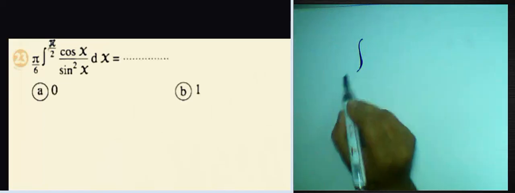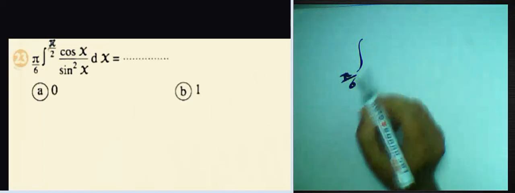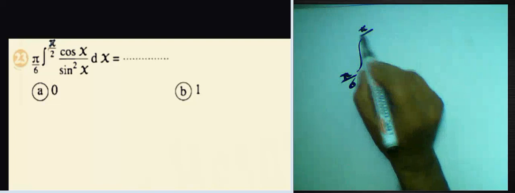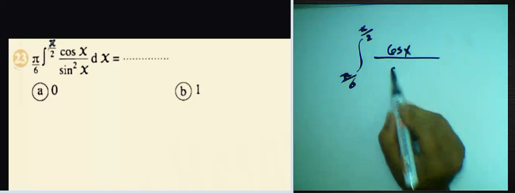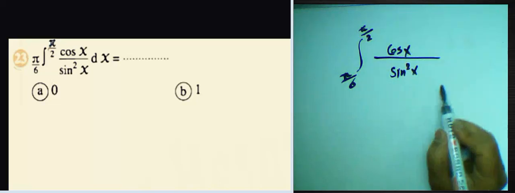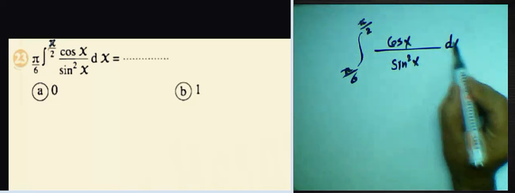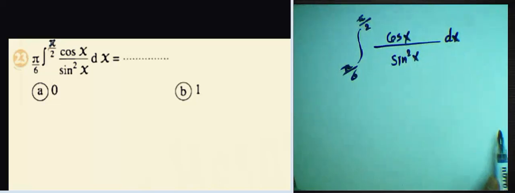Integration from pi over 6 to pi over 2 of cosine x over sine squared x dx.